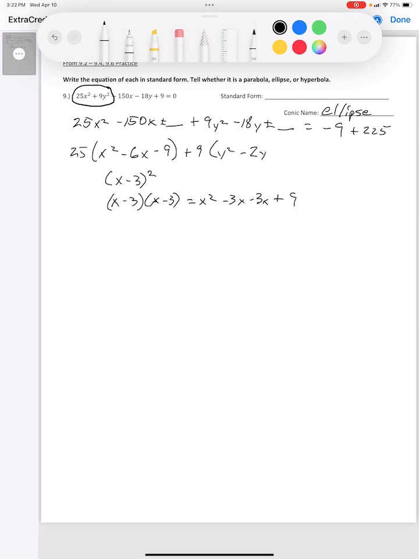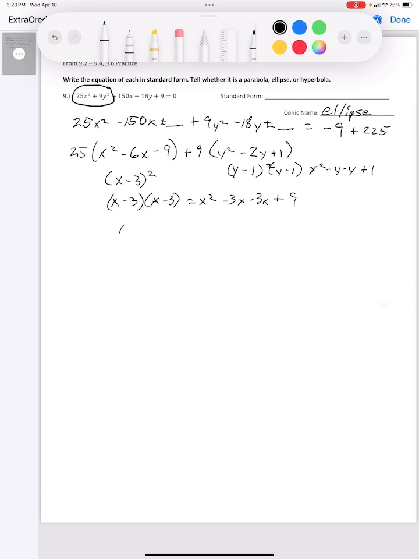And I think that's going to be minus 1. That's y minus 1 squared. And I can test that out by multiplying it by itself, y minus 1. That's y squared minus 2y plus 1. So that's actually going to be a plus 1 there.